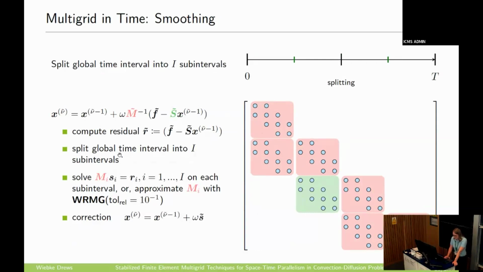Then we split the time interval into I subintervals, and these subproblems should now be solved by our multigrid waveform relaxation up to a tolerance of 10 to the power of -1. And after that, we do the correction step.